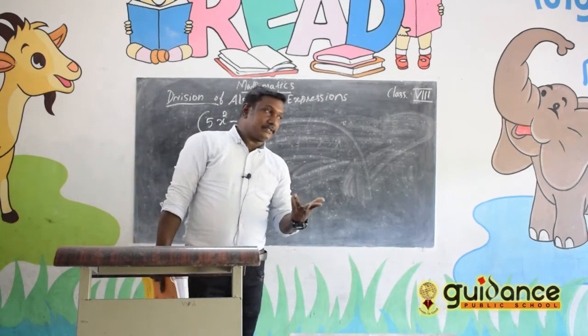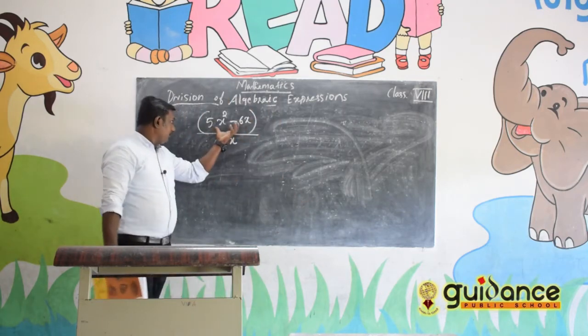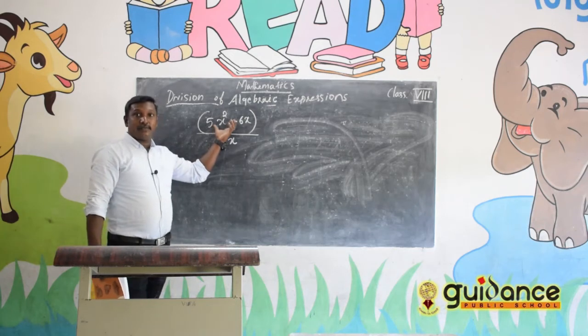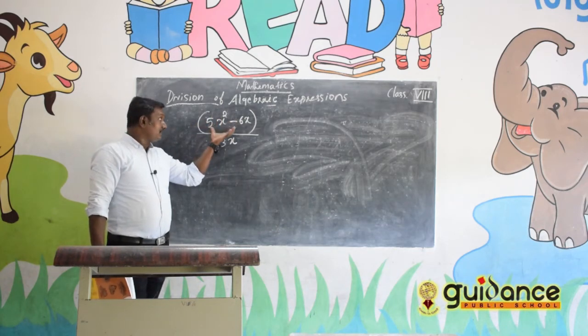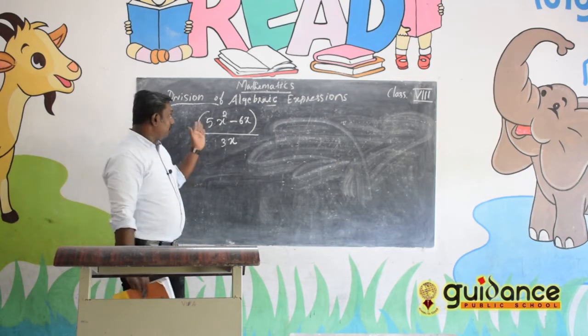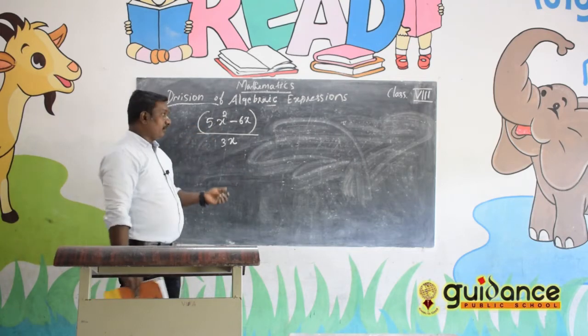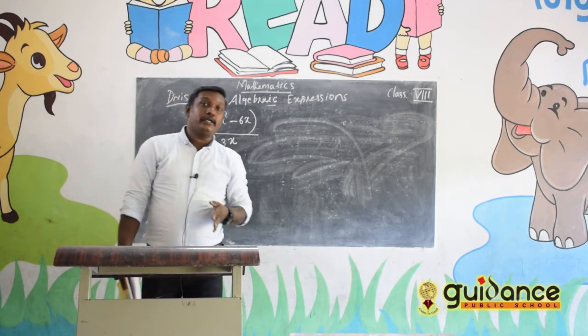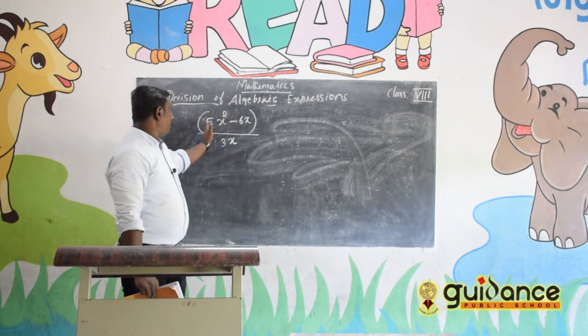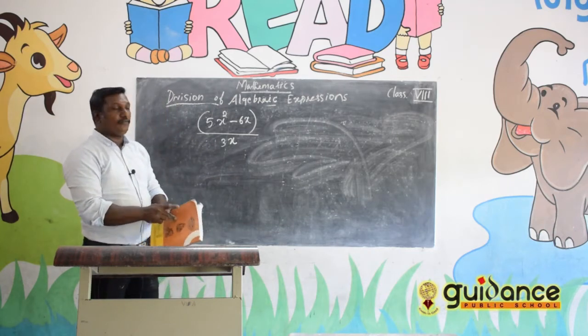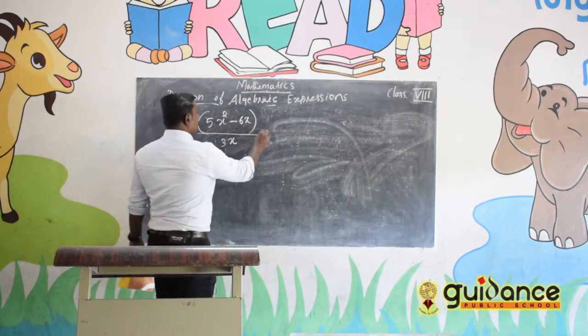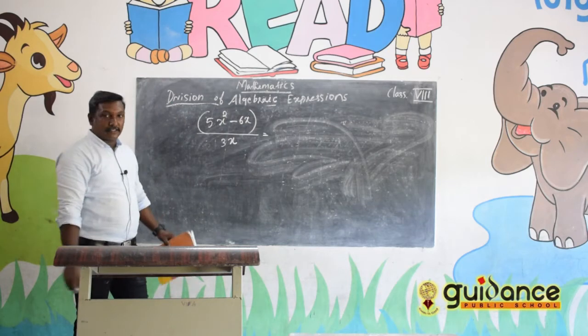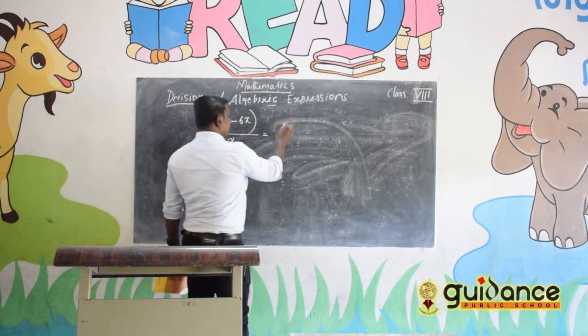If it were two expressions, we would consider two terms included, but here we have to consider this as one expression. So the one expression consists of two terms. So we have to take the common factor from both, we have to take the common factor outside. So here is the common factor. What is the common factor? First we can factorize that 5x square.